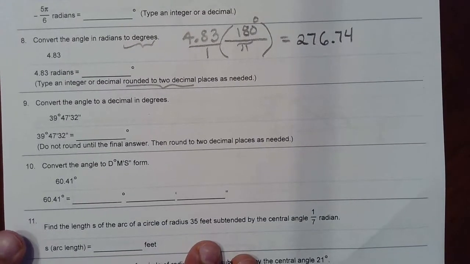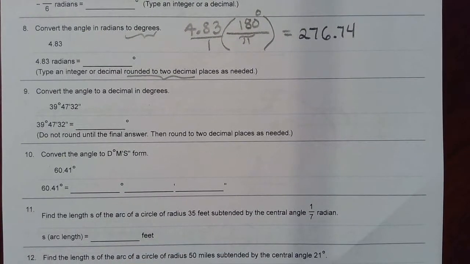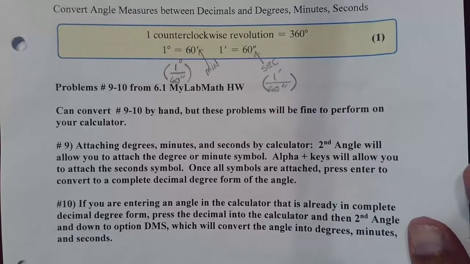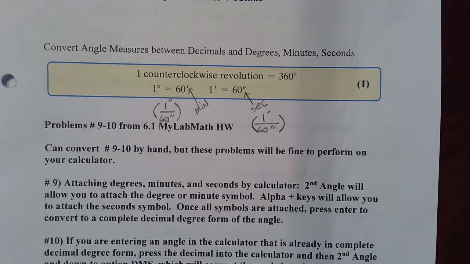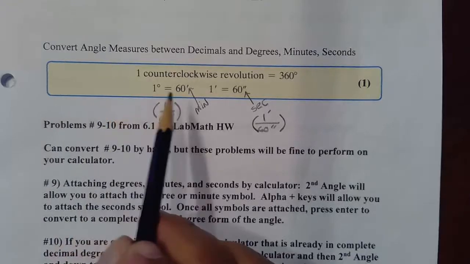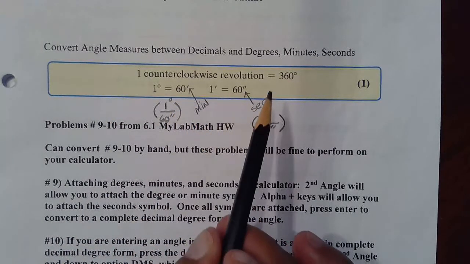Okay, then number 9. Now, I could have you do these by hand. I could introduce this to you, and I will talk about it, that on your theorem sheet, this is the next thing on the theorem sheet, where it talks about degrees, minutes, little single hatch mark like that means a minute, and seconds.